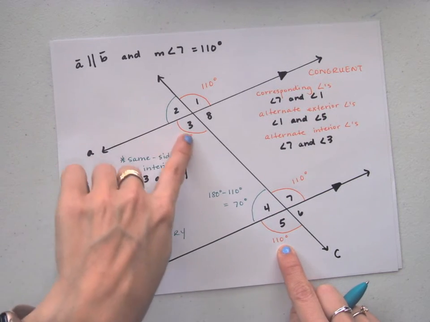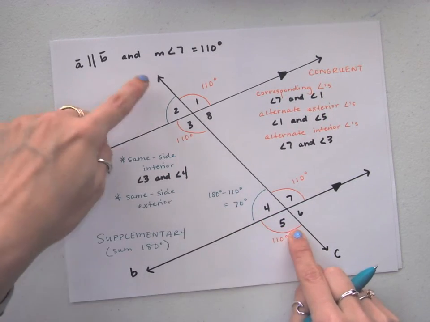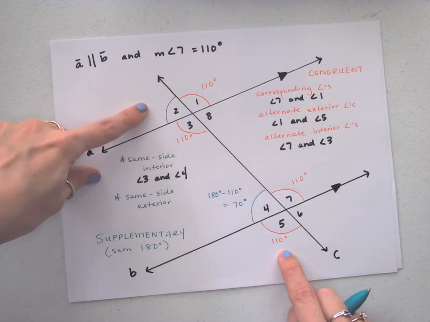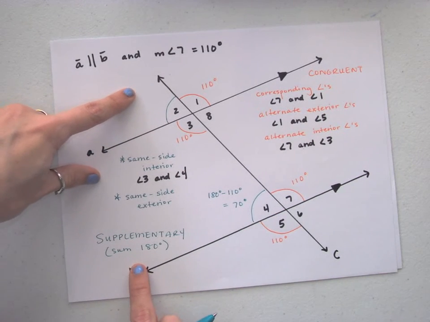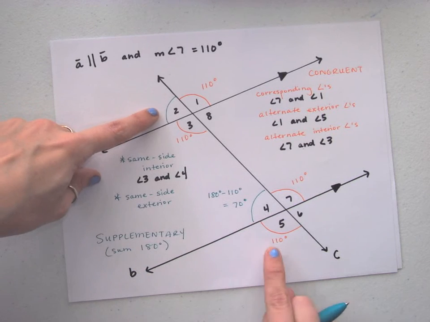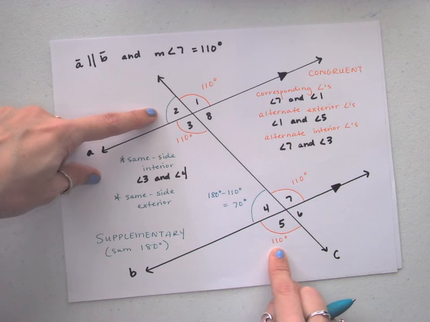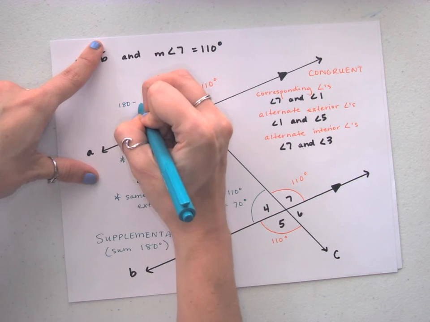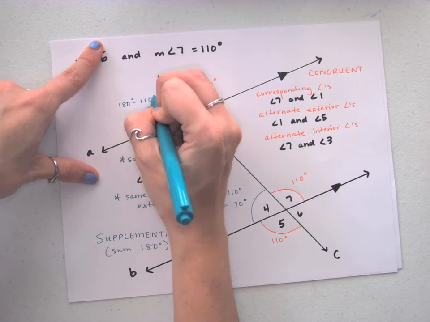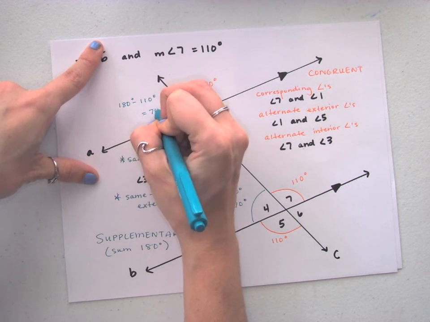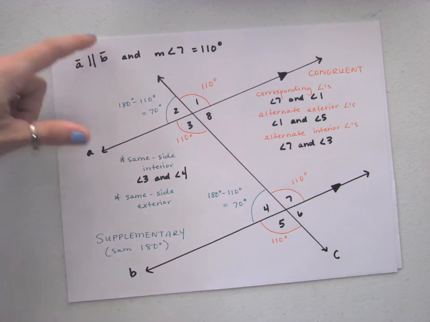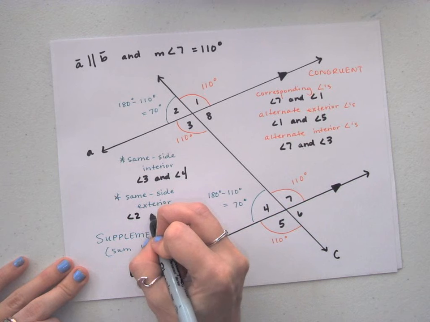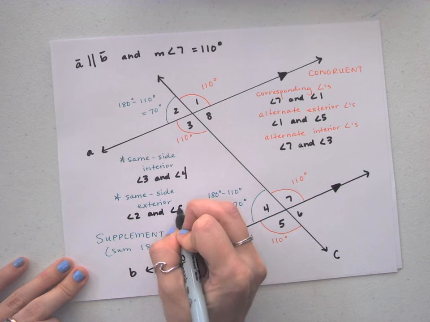They're on the same side of the transversal, but they're on the exterior. They're on the outside of the parallel lines. So again, since they're supplementary, they add up to 180 degrees. We could say angle 2 plus 110 is 180 degrees. Or we could say 180 degrees minus 110 degrees equals angle 2, which is 70 degrees. So our same side exterior angles that we did were angle 2 and angle 5.